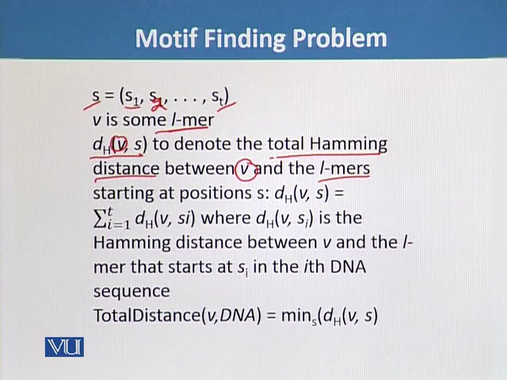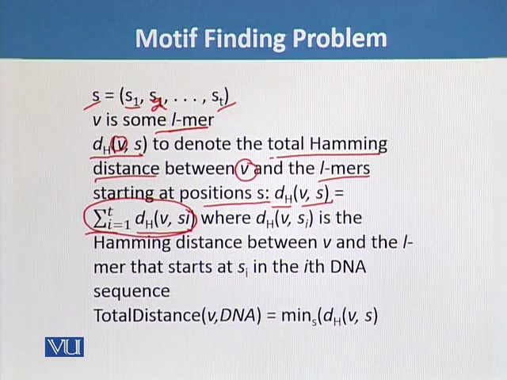After modification, the total Hamming distance for the starting positions s is denoted by the sum from i equals 1 to t of d_H(V, s_i). Up till now we must know what this equation means, as we have solved it many times.